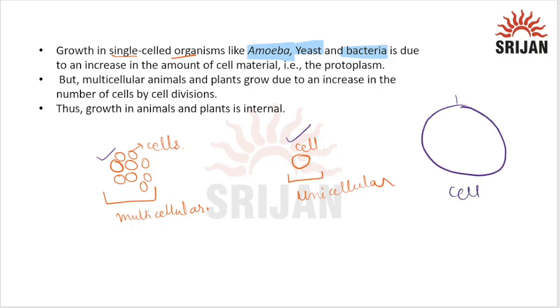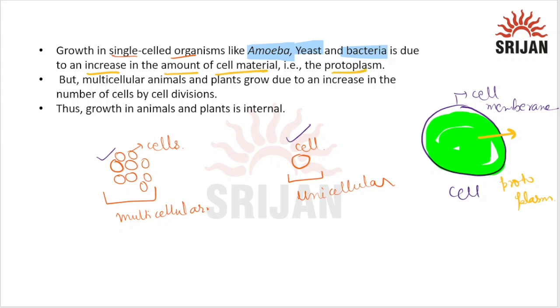The outer membrane is known as the cell membrane, or plasma membrane, and the fluid portion inside it is known as the protoplasm, the cell material. If the amount of protoplasm increases, that is again an example of growth.